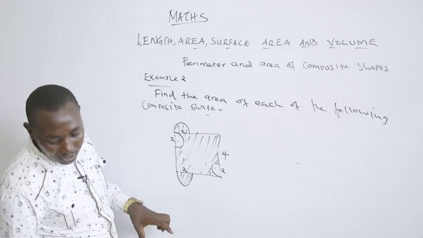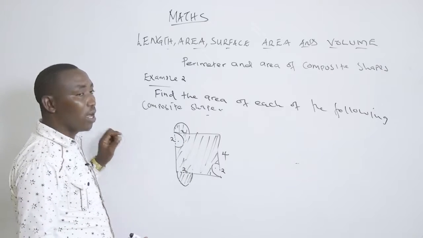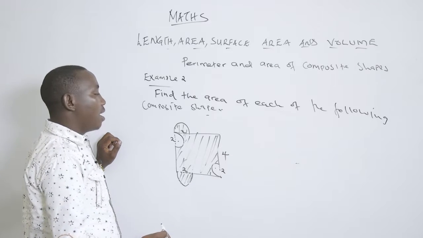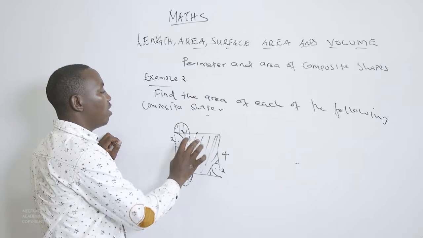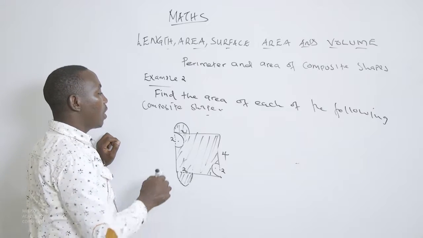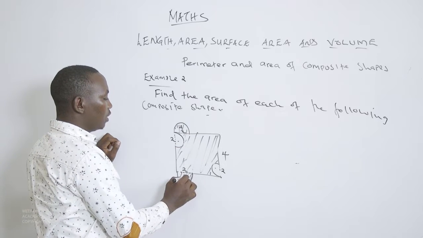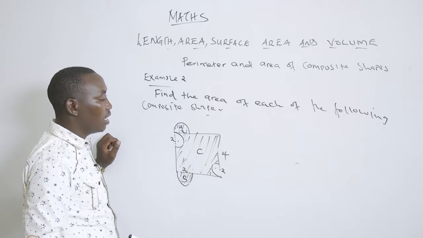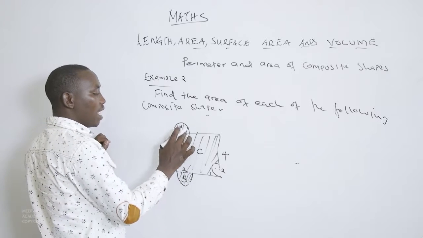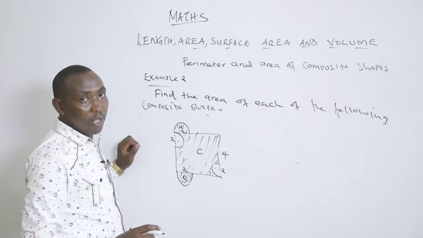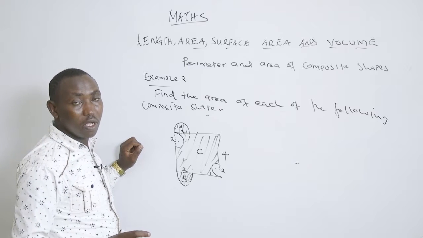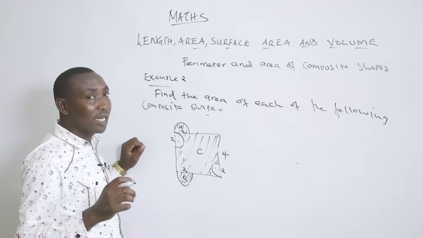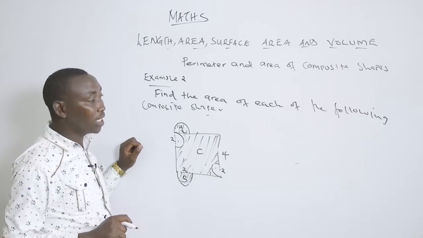Now, for us to find the area of this particular composite shape, we need to find the area of this, and we find the area of this particular shape. So we have part A, let us call this one part B, then we have the part C. So there are 3 composite shapes. For part A and part B, because both of them are semicircles, we can fuse them so that you can have one whole circle that has a diameter of 2 centimeters.